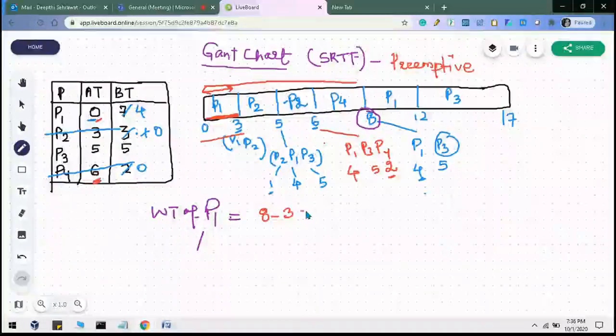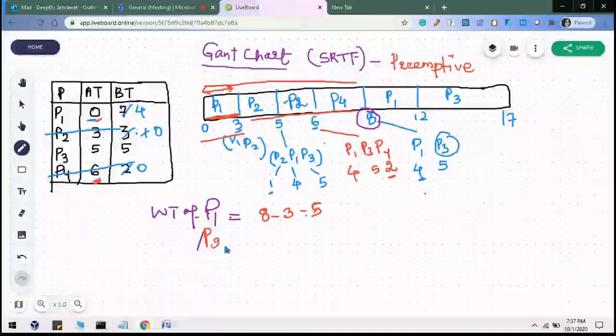So 8 minus 3 is 5. So how much time did it wait? 5 milliseconds. This is the time when it was not doing anything, but was just waiting for a turn. Here to here it was waiting, but here it was executing. So this slot is not counted in the waiting time.